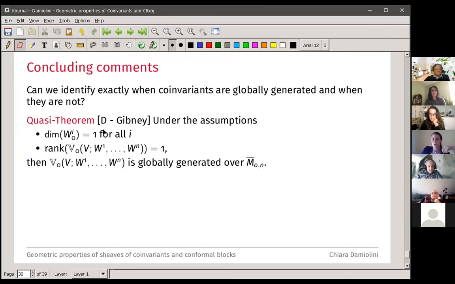It's not true that only one of them is enough, but together they give a lot of constraint. And observe that this just means we are left to prove that this map to the coinvariants is a non-zero map. They both have dimension 1, so if I want to show it's surjective, it's enough to show that it is non-zero.